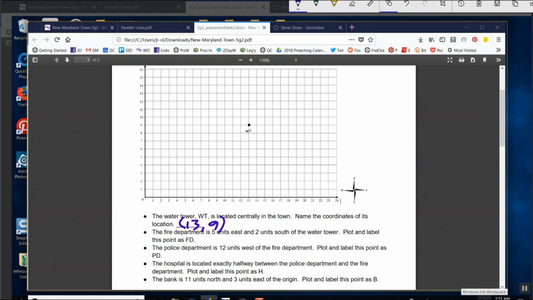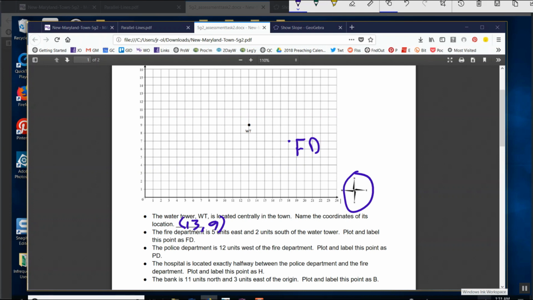So north is up, east is to the right, west is to the left, and south is down. So we're going to go 5 units to the right. That's going to take me over to 18 and down 2. And here's our point, and we're going to label this FD for the fire department.